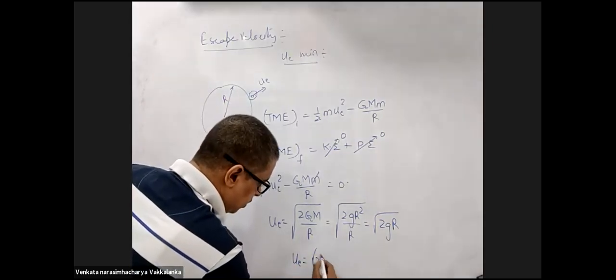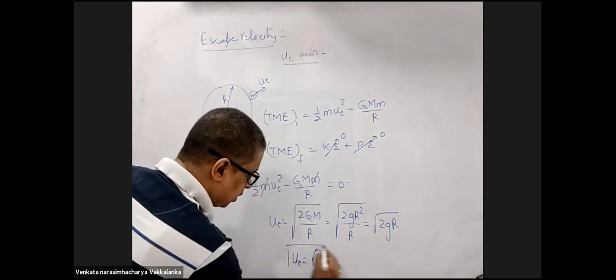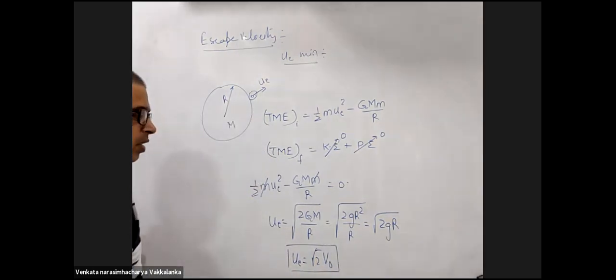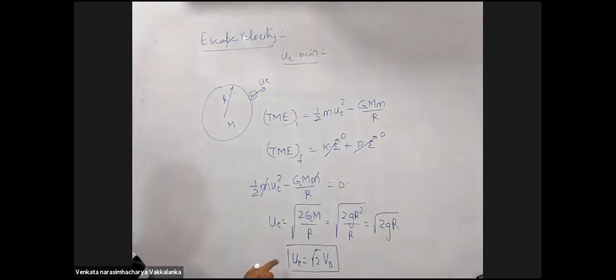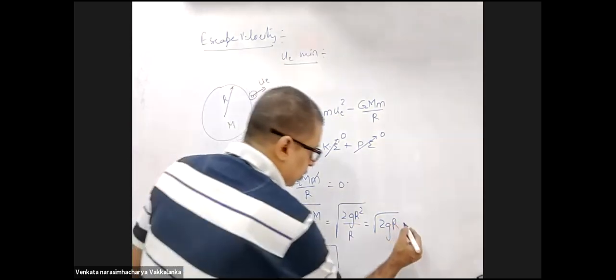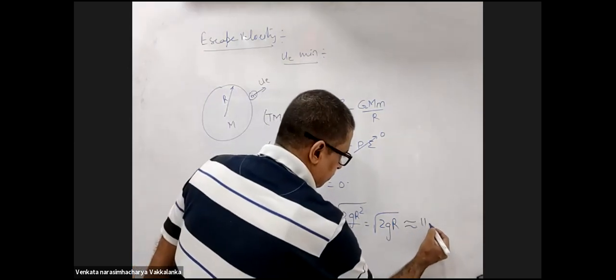Escape velocity is root 2 times V0. V0 was orbital velocity. How much was orbital velocity? Under root gR. So escape velocity will be root 2 times orbital velocity.